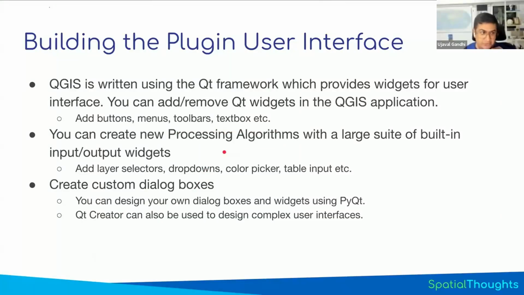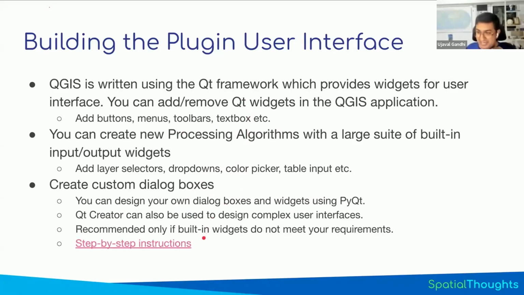So for any analytical tools, please use the processing algorithms. For other parts of your plugin, use the Qt API. Only for plugins which do not fit within these, you can create your custom dialog boxes. I have step-by-step instructions. Again, if you go to this page, there's a big warning not to use this. Use this only when it's absolutely required, right? So please do this. Most of the requirements can be met using the processing tools.